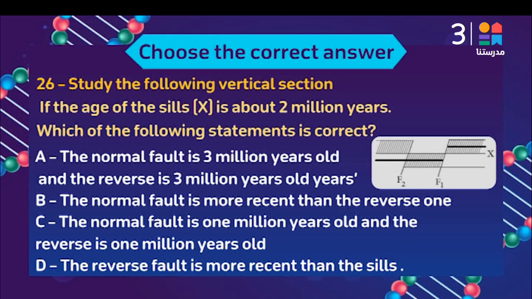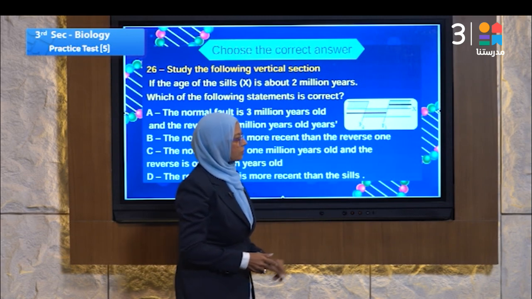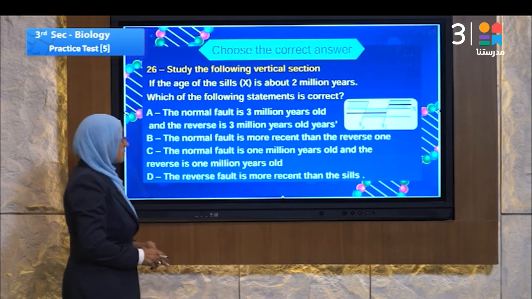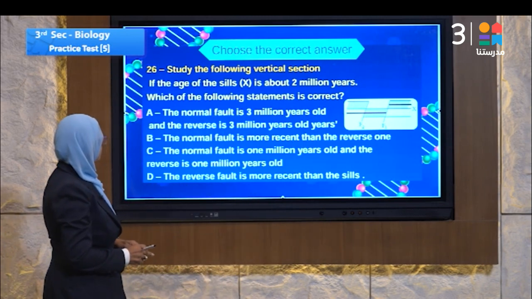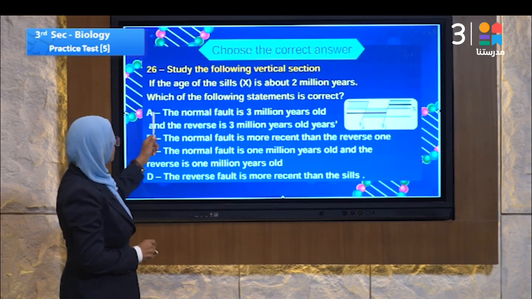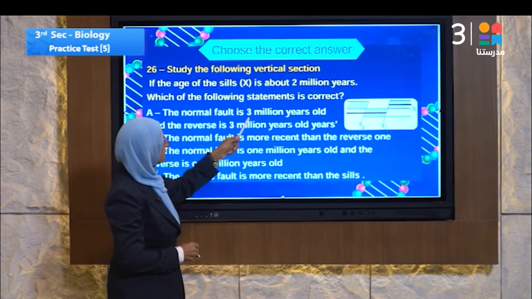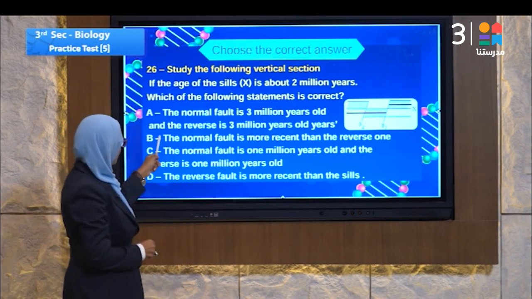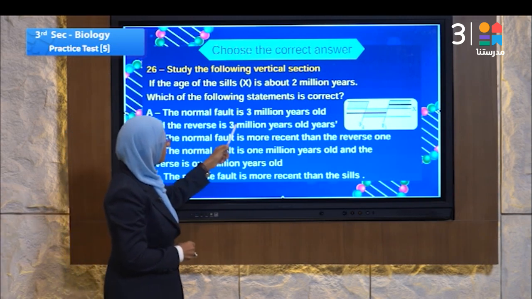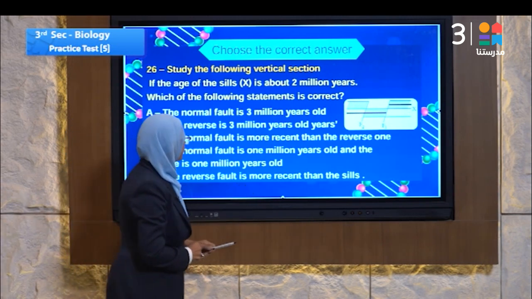Which of the following statements is correct? Here are moving rocks. The moving rocks, one of them has a pulling force. Let's read and answer. Number E, the normal fault is 3 million years old and the reverse is 3 million years old.